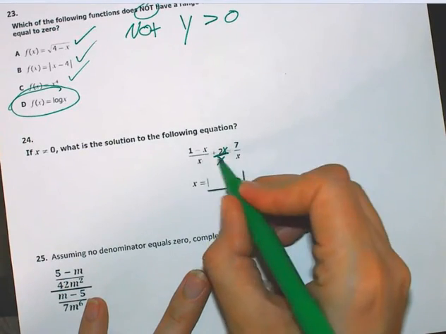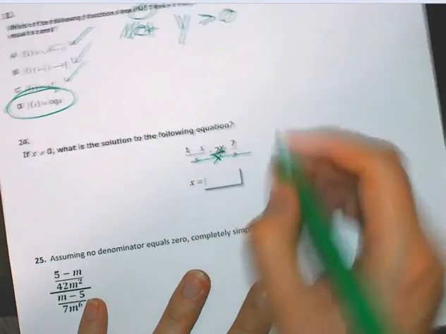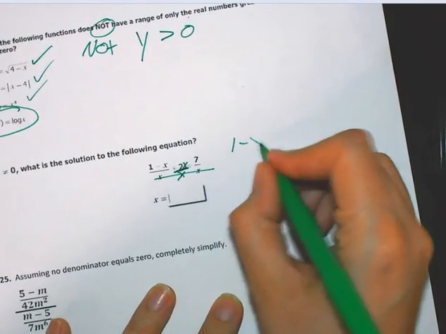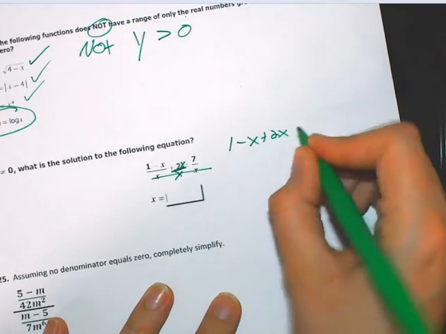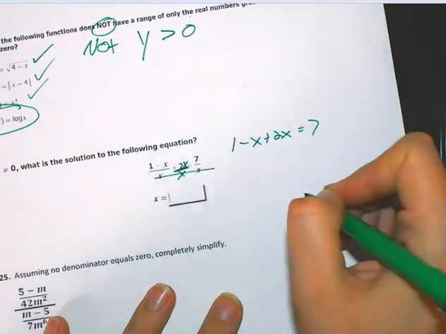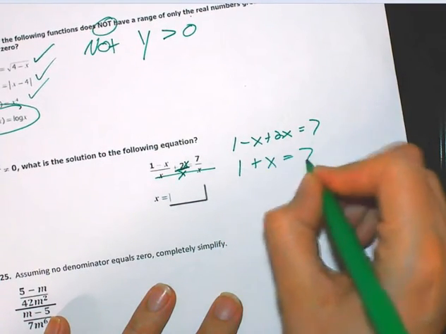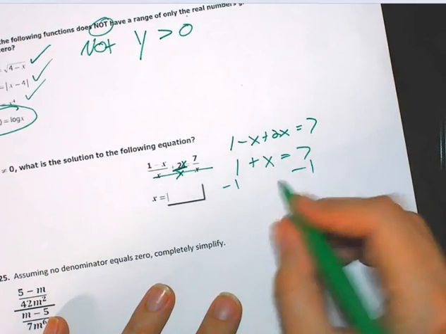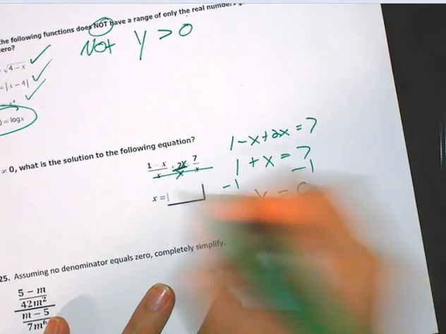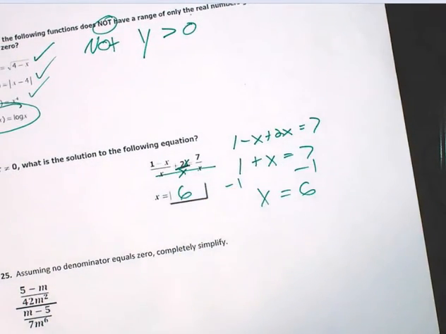Notice that everything now is x, so I can just solve the top. 1 minus x plus 2x equals 7. Combine like terms: 1 plus x equals 7, minus 1, x equals 6. So my answer is 6 there. Remember, the trick there is to get that least common denominator.